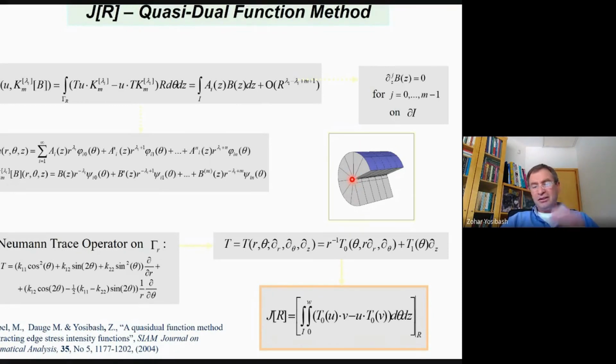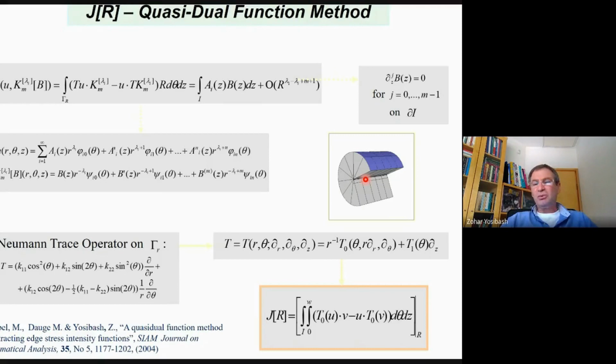Now, there are methods in the literature that propose ways to compute this stress intensity function along the line. But usually it's not a function. Usually people say, okay, let's take a perpendicular cut and think that it is a 2D domain. And along this 2D domain, I will compute the data at that point, which is of interest.